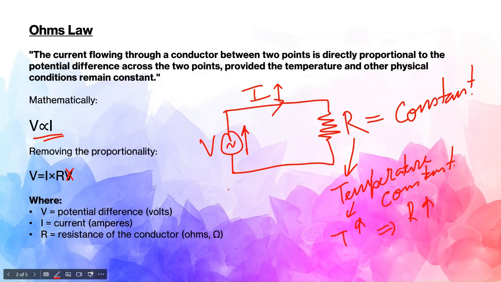Now, this V equal to IR formula, where V is potential difference, I is current, and R is called the resistance of the conductor, which is also the constant of proportionality, which defines a parameter as resistance.